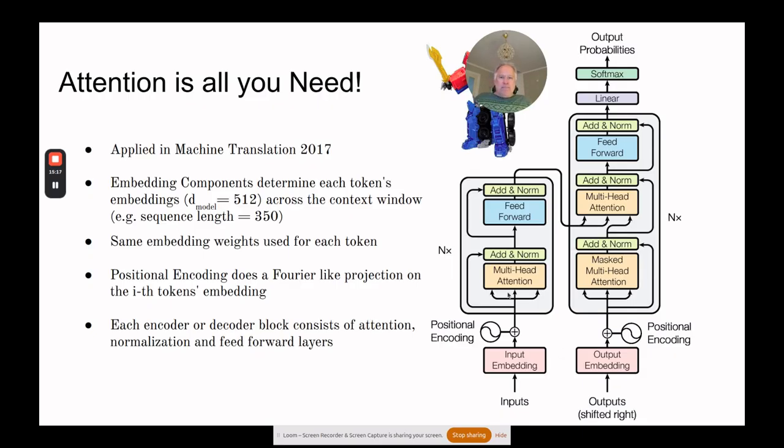So what happens basically is that the input comes in, then there's this Fourier-like transformation. This is actually learned in GPT later, but it's a Fourier-like transformation that basically does positional encoding.